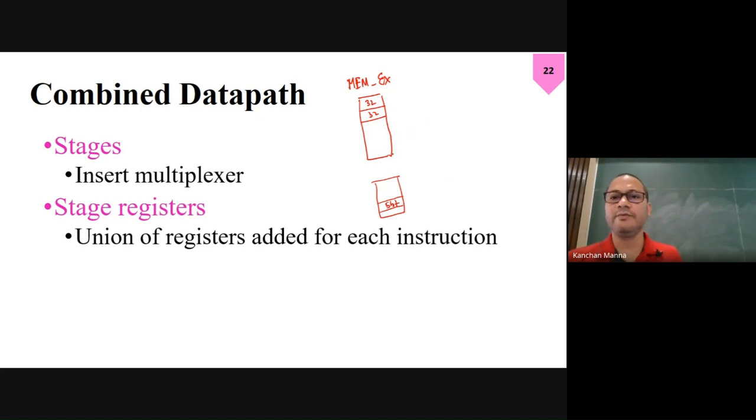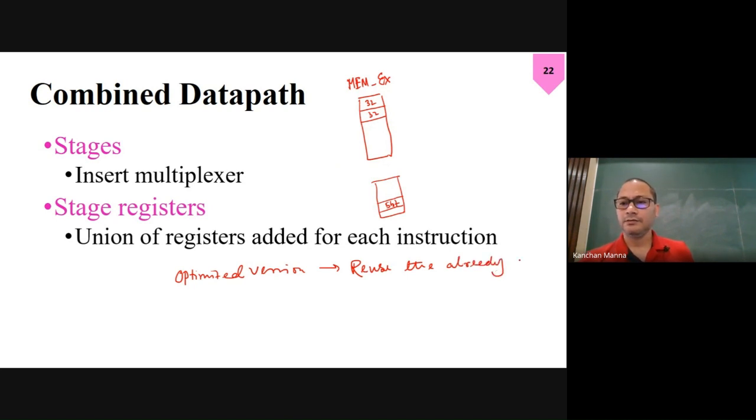We can merge it, but if you want to optimize it, then you have to reuse the already allocated space. So the optimized version would be to reuse the already allocated space. Okay.